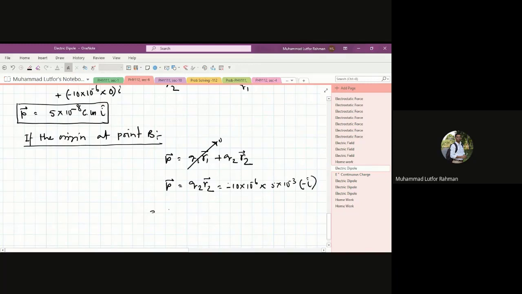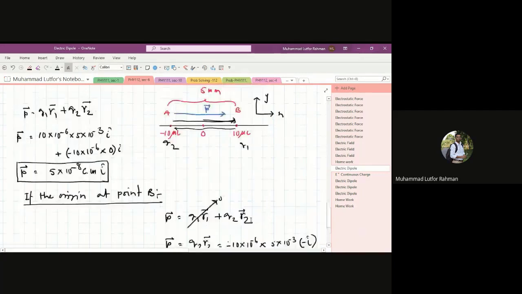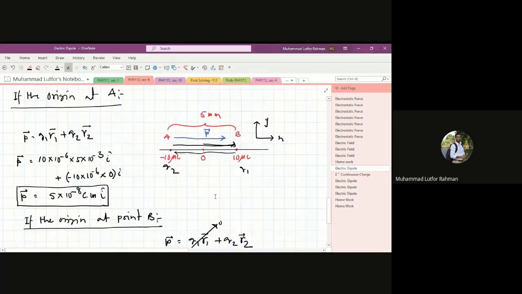In that case, this minus becomes a plus 5 into 10 to the minus 8 coulomb meter into positive I hat, which means the electric dipole moment still remains the same. So the magnitude is 5 into 10 to the minus 8 coulomb meter, and the direction is towards the positive x direction, the direction we showed by that color. So we can say that the electric dipole moment is independent of the origin.